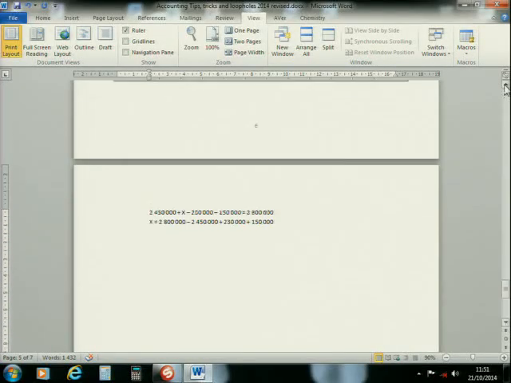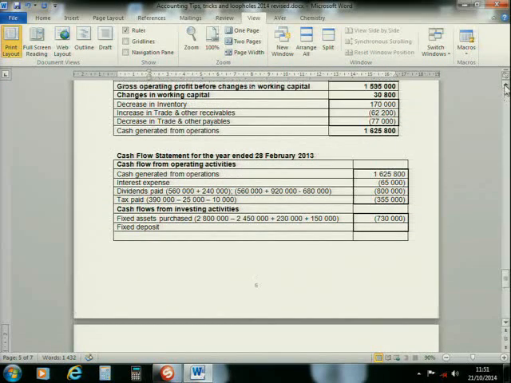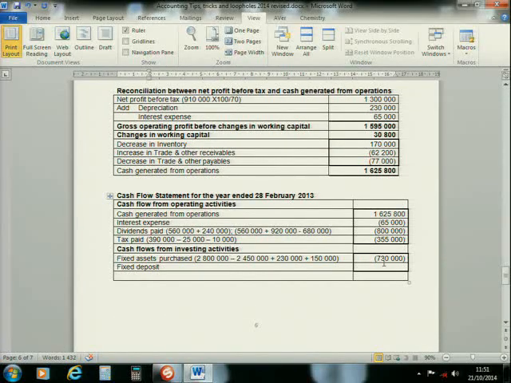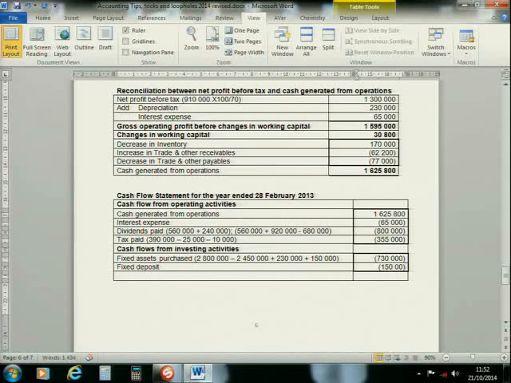And that leads to a decrease of 150 in your cash flow. Increase in investments, a decrease in cash. Increase in assets, a decrease in cash.